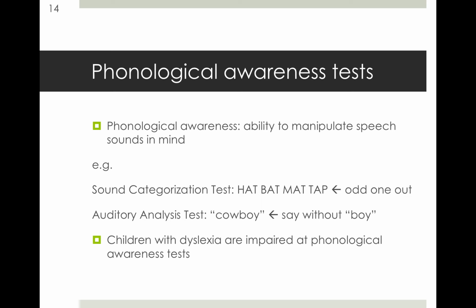So, for instance, pick the odd one out between these four sounds: pat, bat, mat, and tap. Who thinks that tap is the odd one out? You're able to tell that they all end with a T except for that last one. So that's a sound categorization test.